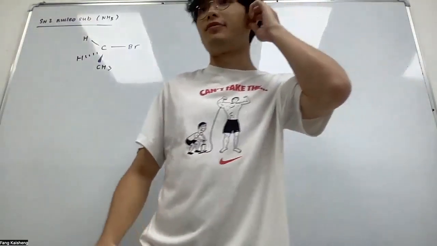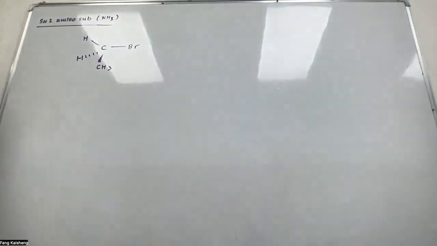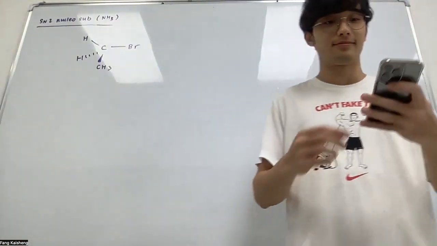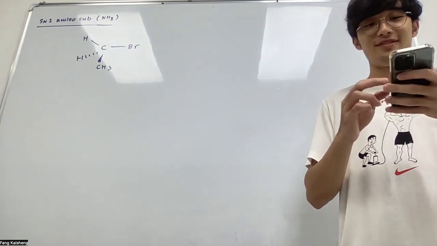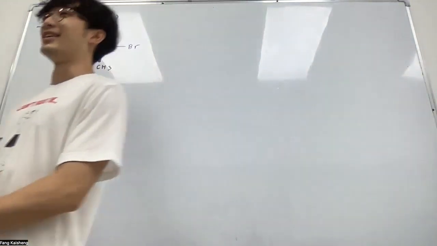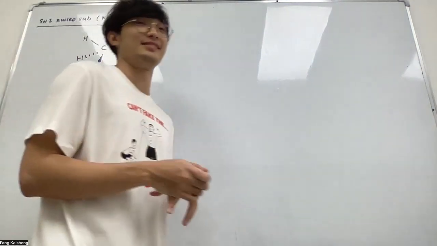Later, after you finish, then you check with the answer. Just apply whatever we did just now. SN2 is one step. The 2 represents two reactants.